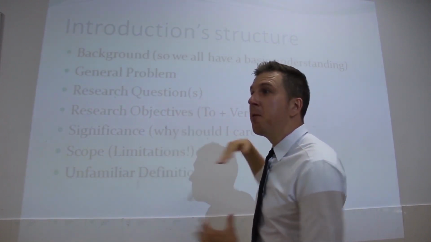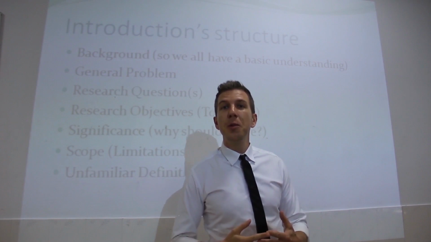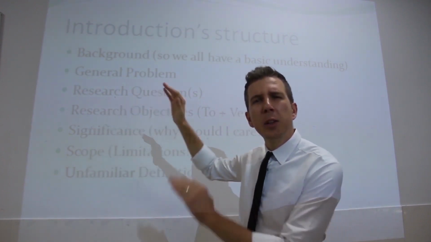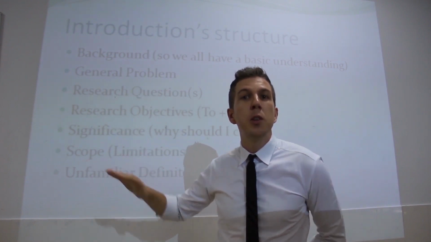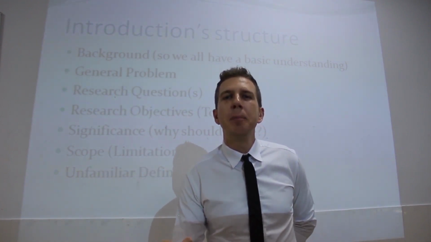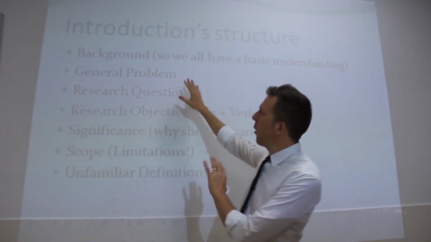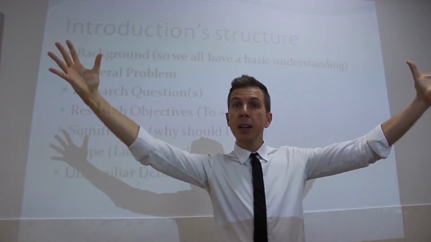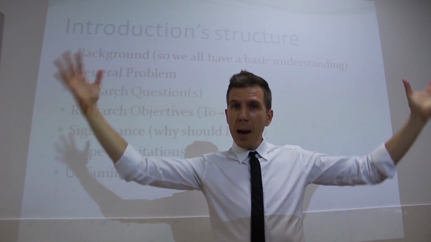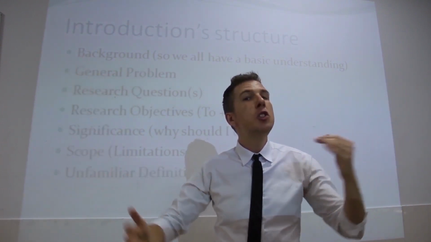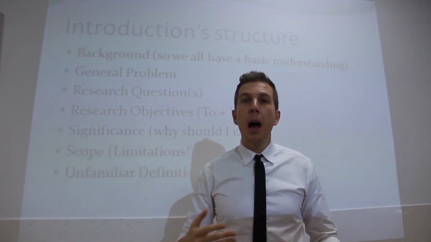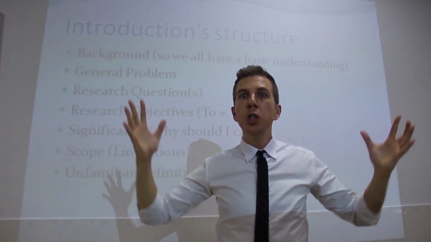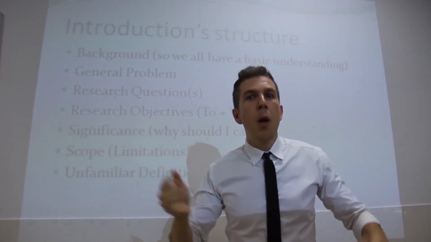This slide is very important for you later on when you write your introduction. It has a good format of what to do, so it's a good guideline. The first one is your background. We're going to go from big to small. The background is general information about your topic. Then we go to the general problem.